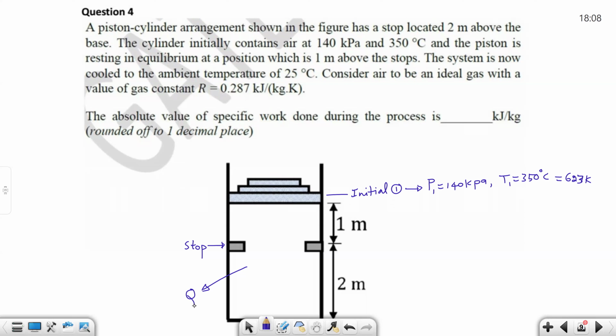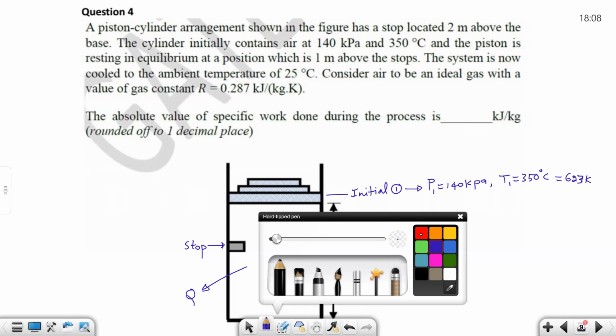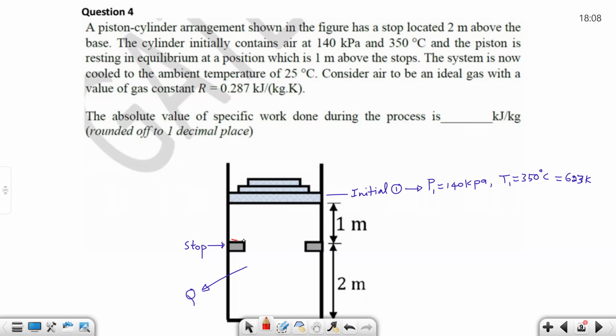The piston will move down and it comes to this stage. So this is the second stage, state 2. And we do not know what the temperature is at this stage, T2. We do not know.